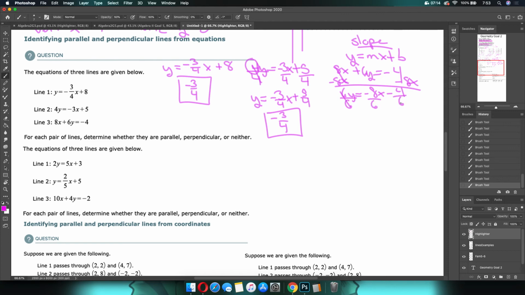I'm not getting into the finer details of this because you've done this type of equation manipulation since Algebra 1, and you did it again in Algebra 2, and now you're doing it again in geometry. You've had, I hope, enough exposure to this that you know what you're doing, and I don't have to justify every single step. So what's our slope? -8/6. But we can simplify that because those are both even numbers. That's -4/3.